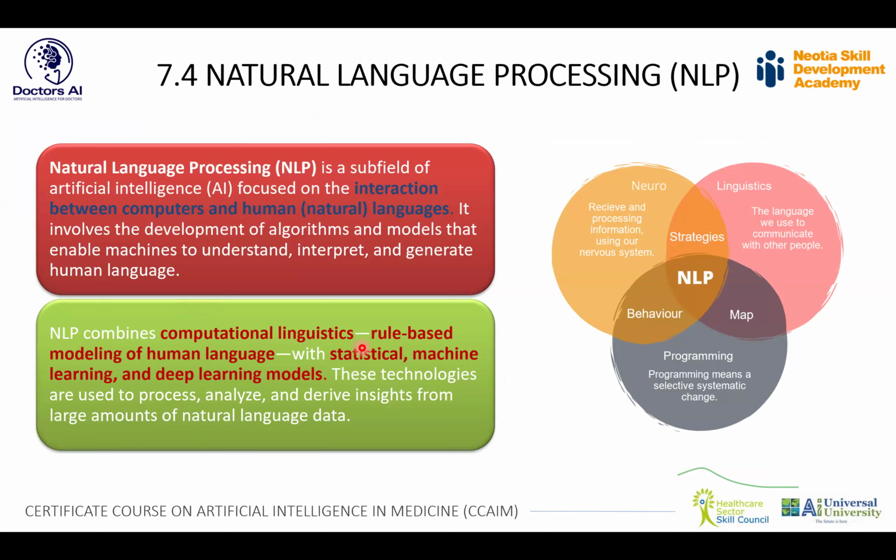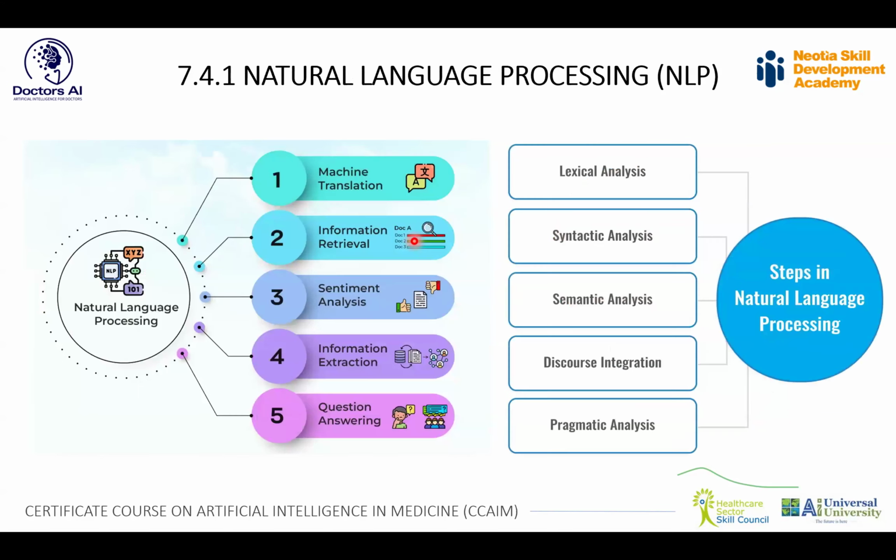It is rule-based modeling of human language with statistical, machine learning, and deep learning models, right? You can see here in the graph, you have neuro, which is the way of receiving and processing information, you have the linguistics, you have the programming, and it's a complex of all this that gets incorporated in NLP. But this is the most important segment of NLP.